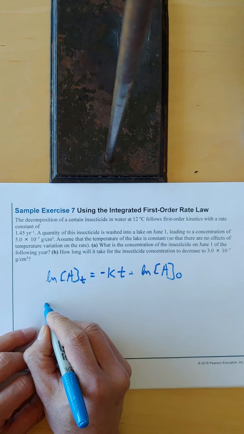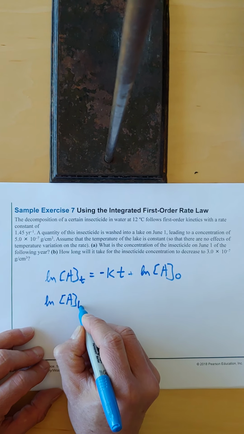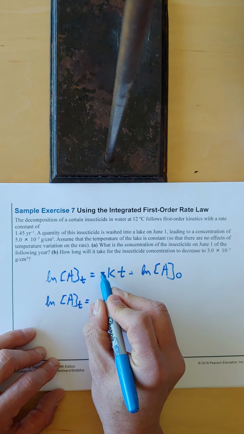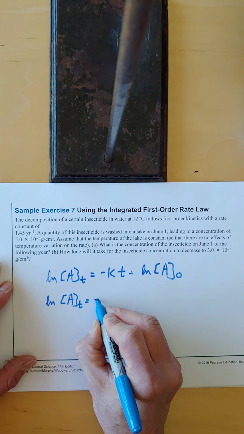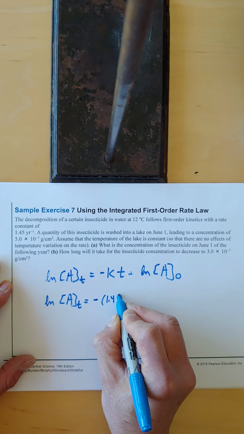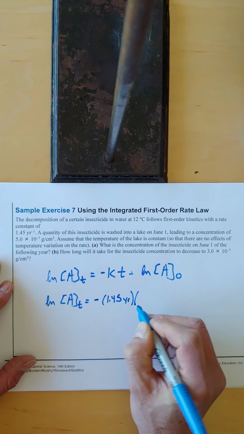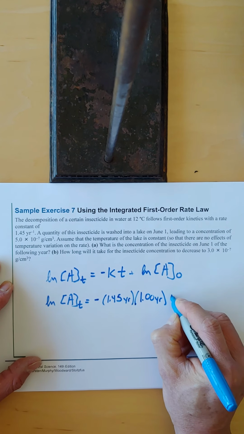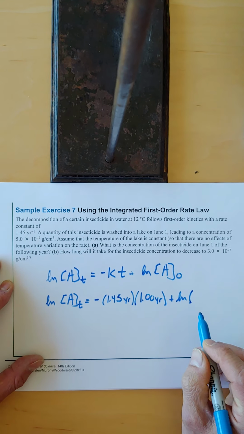So I'm looking for the concentration, so what is the log of A of t, when my rate constant is 1.45 years to the minus 1, so I have minus 1.45 years times my time. Well, my time was 1 year, plus the log of my initial concentration.